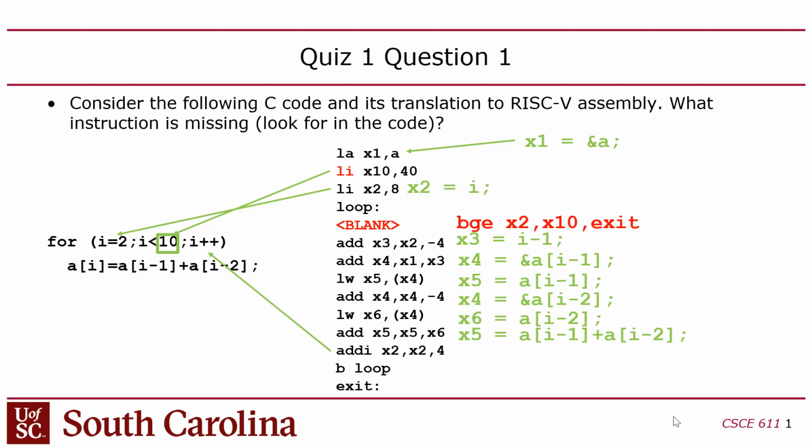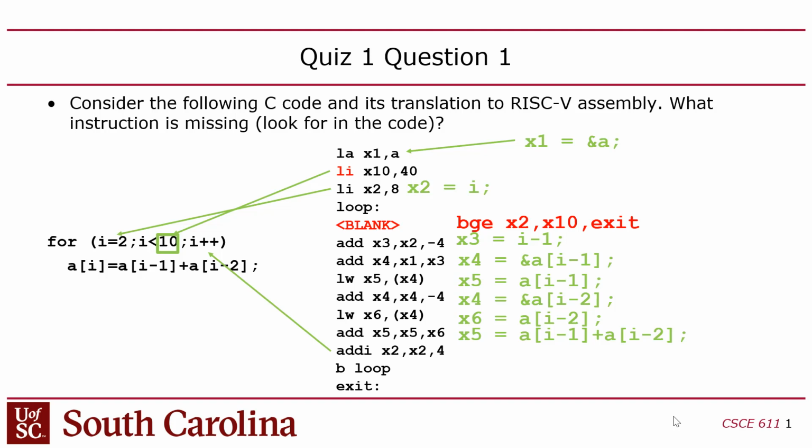And then if you look further, we have instructions here for accessing A. These two adds are used to set up the address pointer for A. We start out with x2, which is the index.